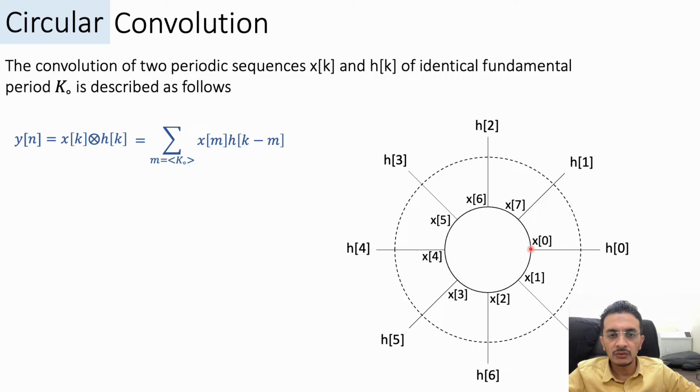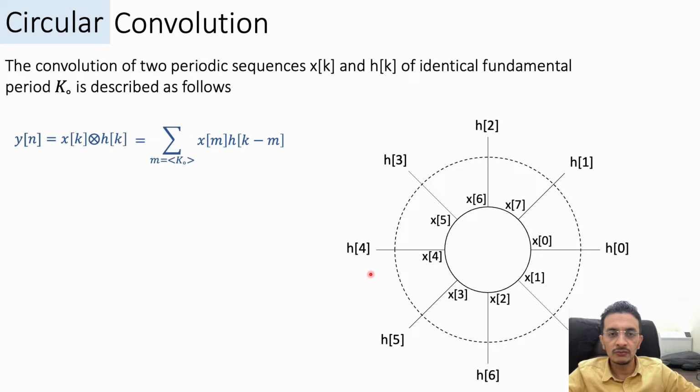So we start laying down samples from the right side, in clockwise direction: sample number 0, then first and second and third, and so on. But on the outer circle we lay down the samples of the sequence that is supposed to shift, like in our case it is hk, and we lay it down in counterclockwise direction, or it is flipped.